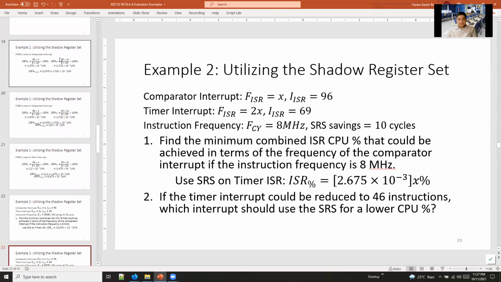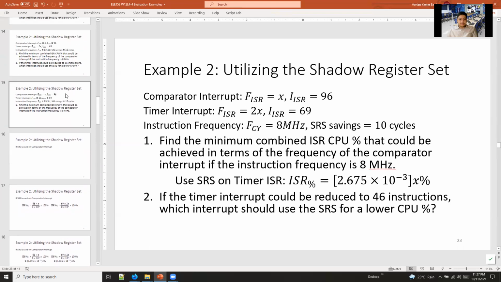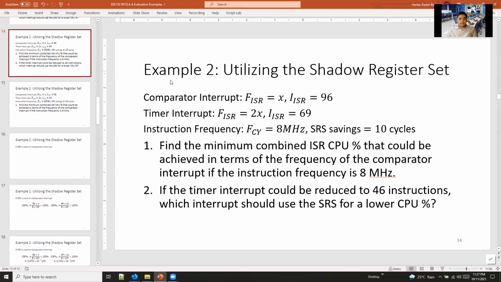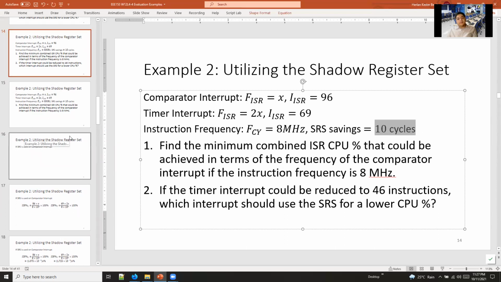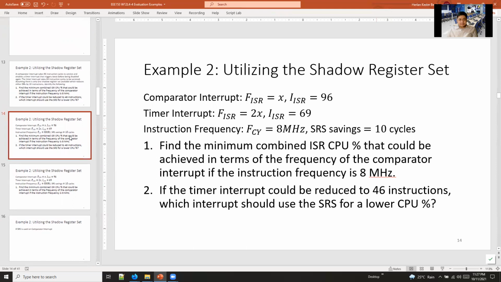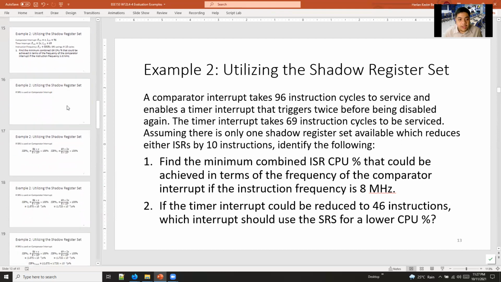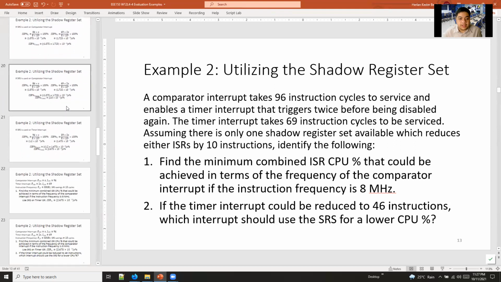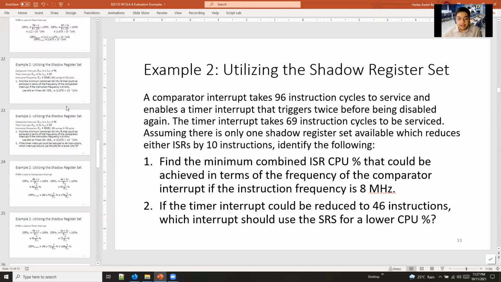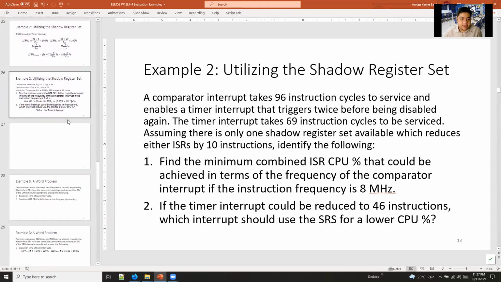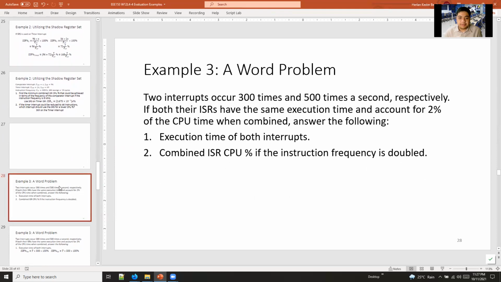But of course, that is under the assumption na yung savings natin is constant na 10. So, sometimes, dumadaki yung savings sa shadow register set pag mas malaki yung ISR. So, in this case, since same lang sila, it's better to use it on the more recurring interrupt. So, ito, meron tayong third problem.